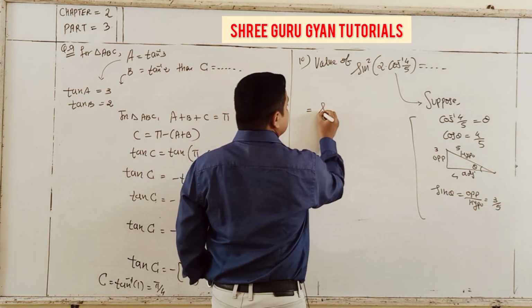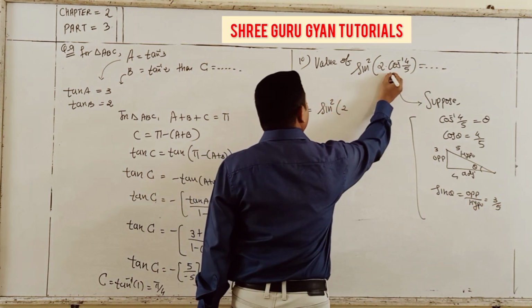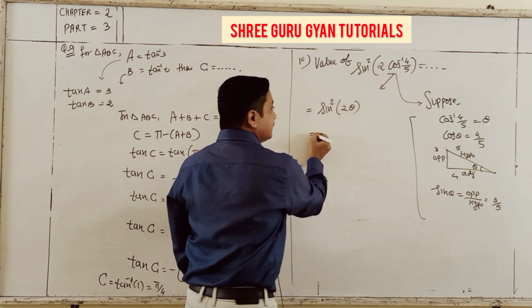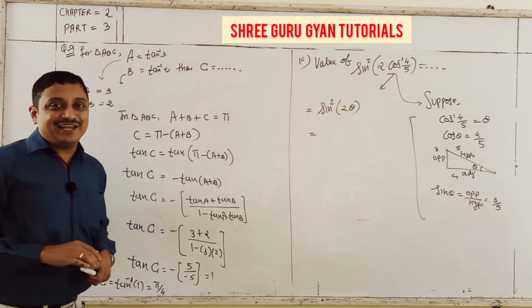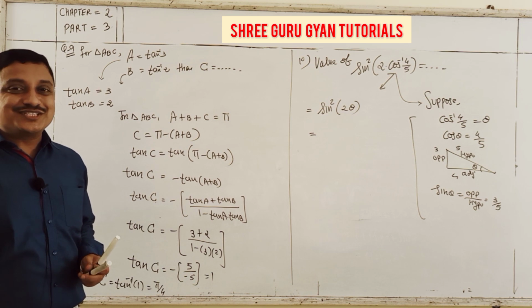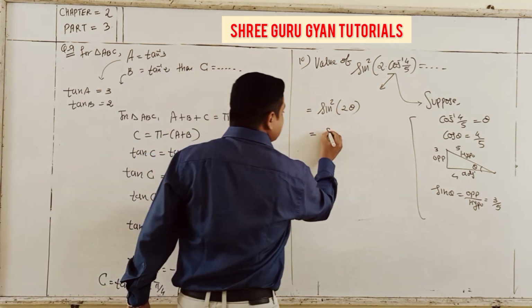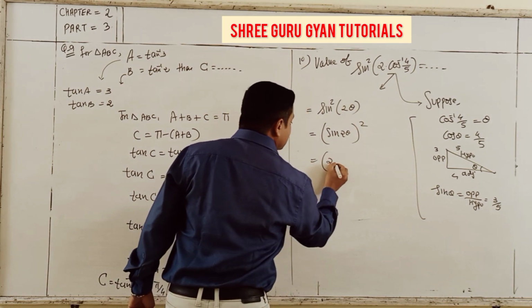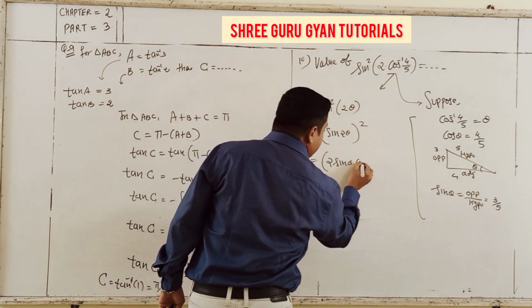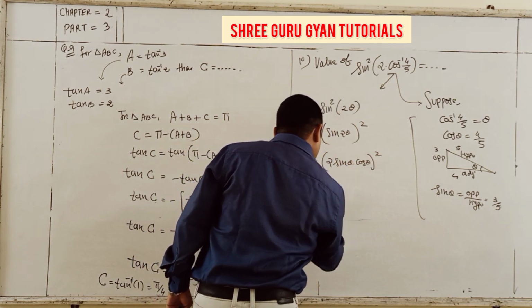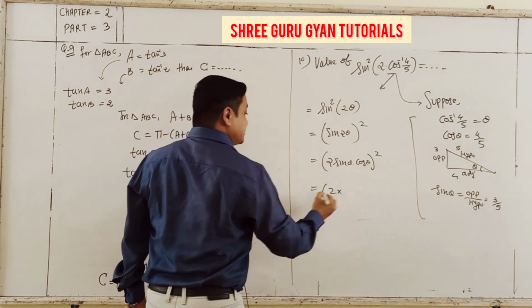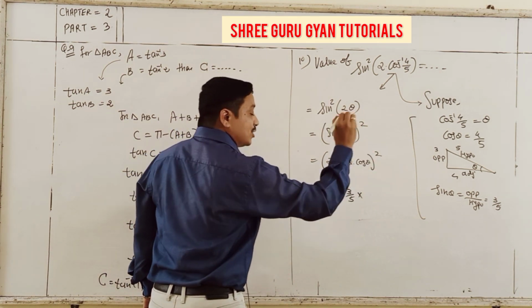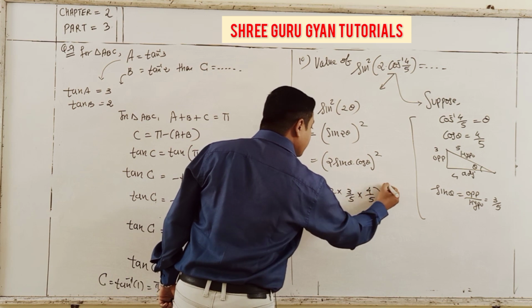So here sine square 2, but that is the theta. In short, I am telling about sine 2 theta square. Sine 2 theta square, and that is also known, 2 sine theta cos theta, and put the values. Sine theta is 3 by 5 and cos theta is 4 by 5.